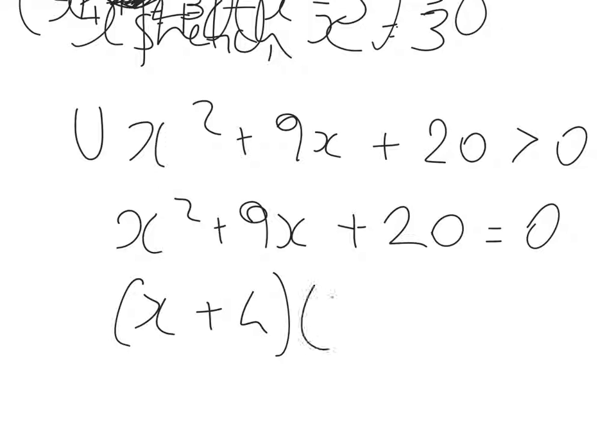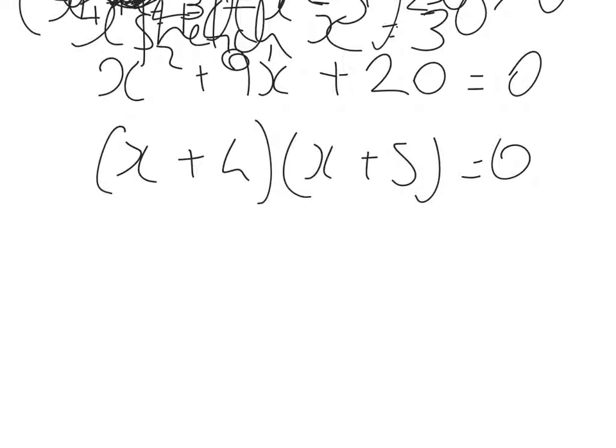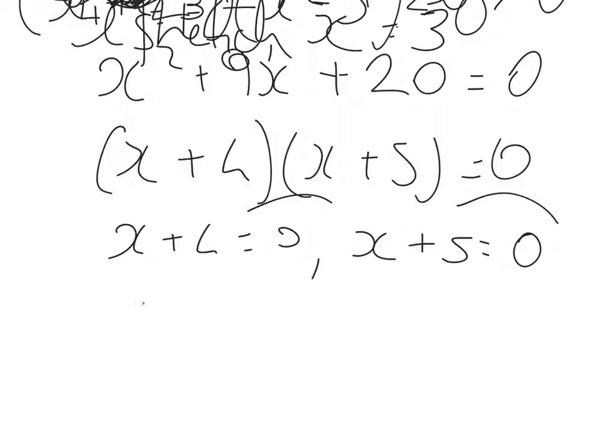So that'll be x plus 4 bracket x plus 5 is equal to 0. x plus 4 is equal to 0, or x plus 5 is equal to 0, which means I've got a root at minus 4 and a root at minus 5.